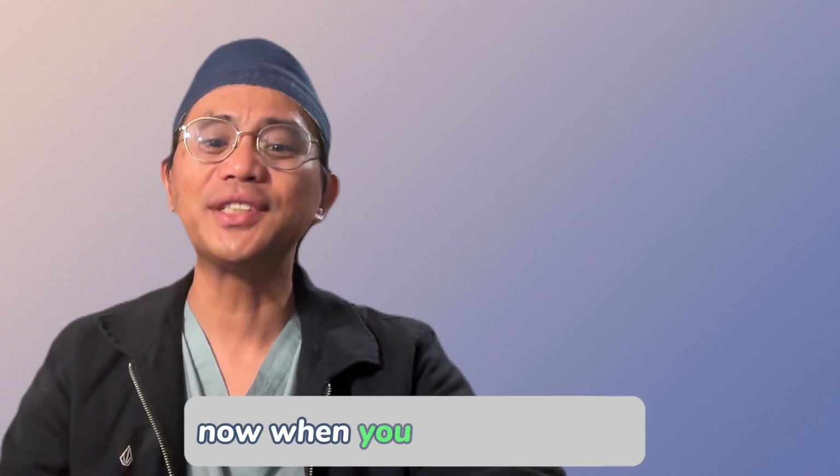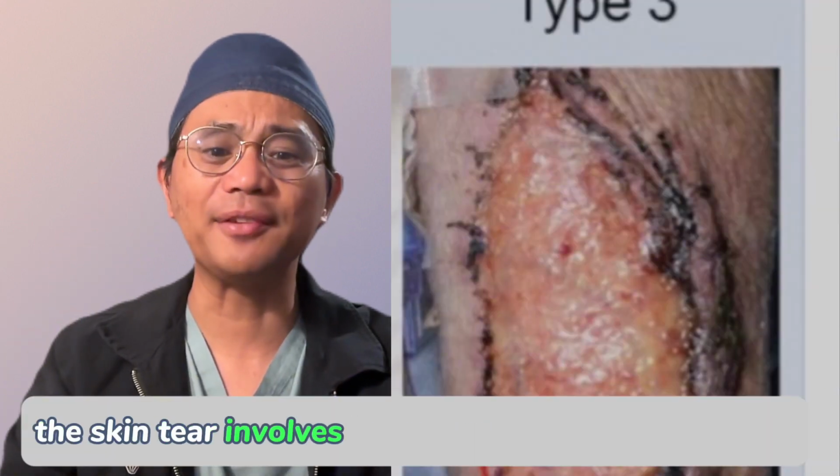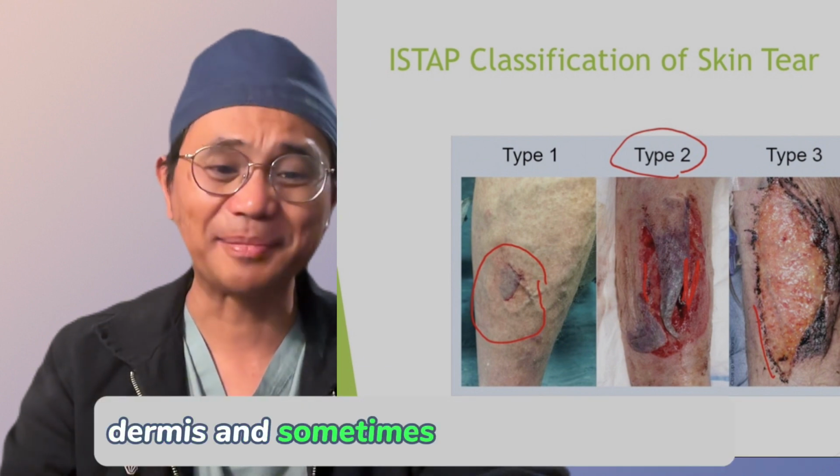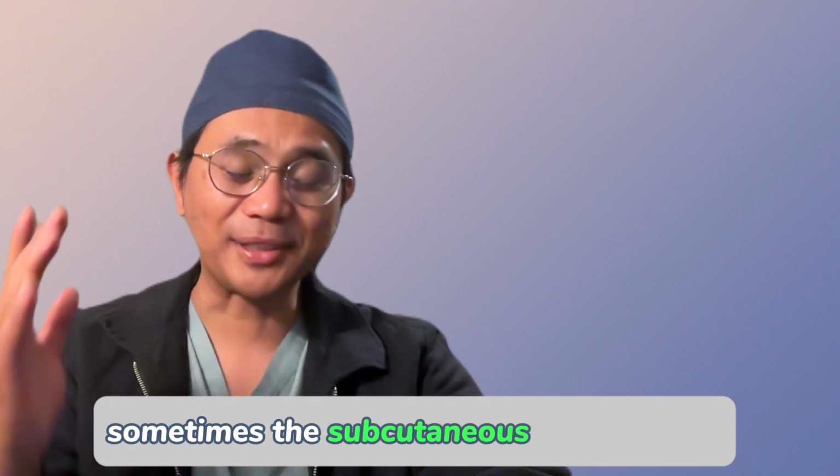Now, when you say category 3, there's a complete tissue loss. The skin tear involves complete loss of the epidermis, dermis, and sometimes the subcutaneous tissue is also involved.